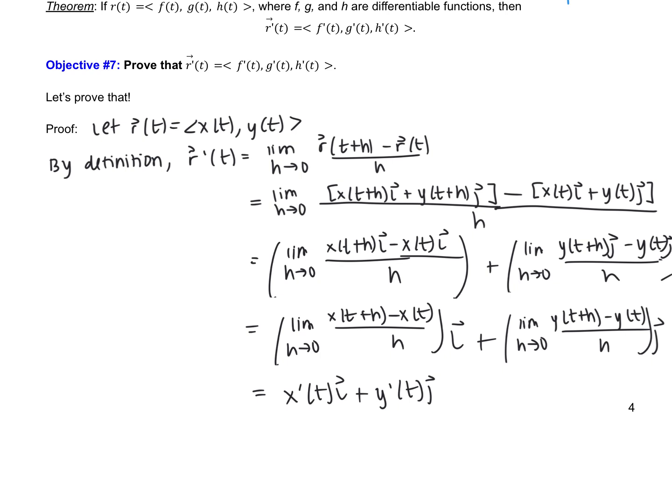Okay, so what did we prove? We proved if you're finding the derivative of a vector function, you can find the derivative of the individual functions. And remember, to show that our proof is done, we either write QED or write a little box that we fill in.